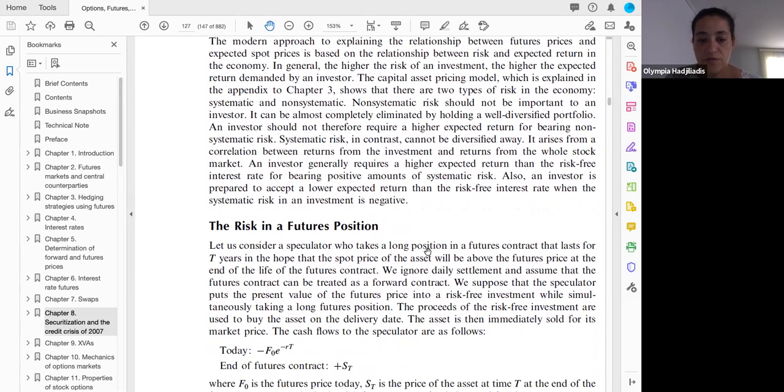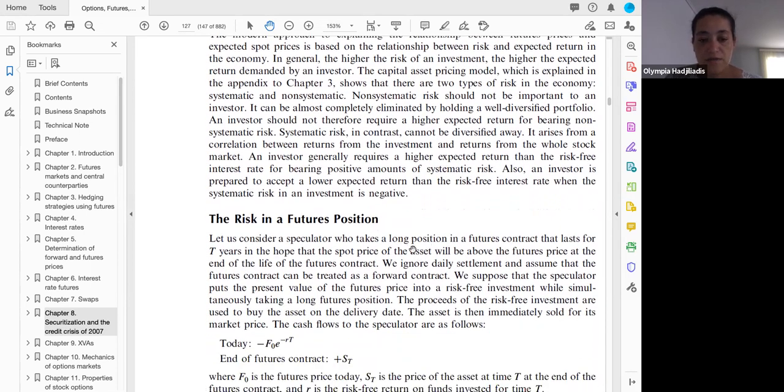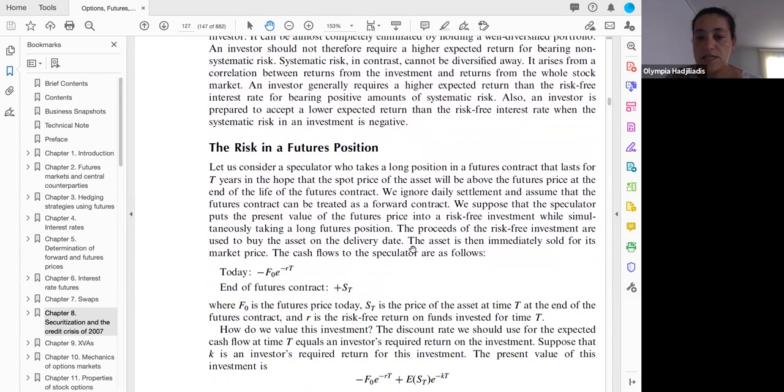The risk in a futures position. So let us consider a speculator who takes a long position in a futures contract that lasts T years in the hope that the spot price of the asset will be above the futures price at the end of the life of the futures contract. We ignore daily settlement and assume that the futures contract can be treated as a forward contract.